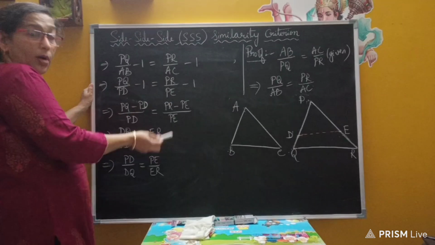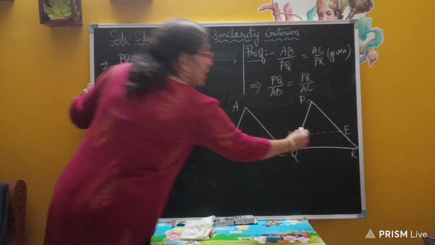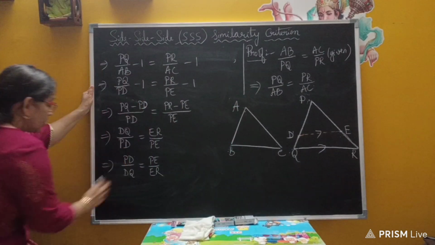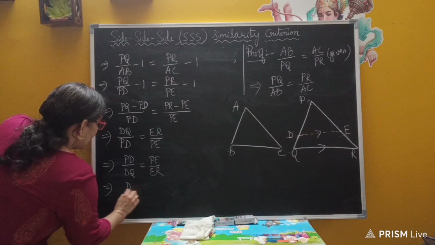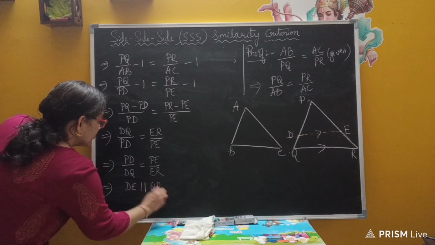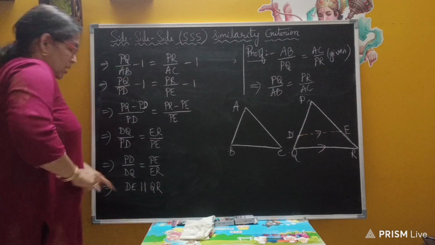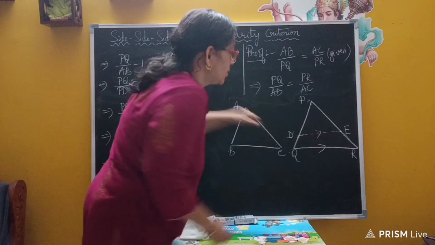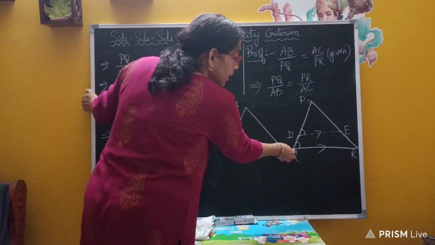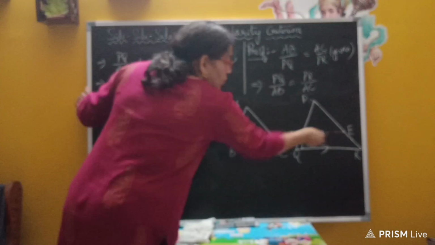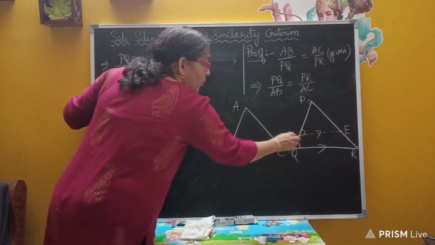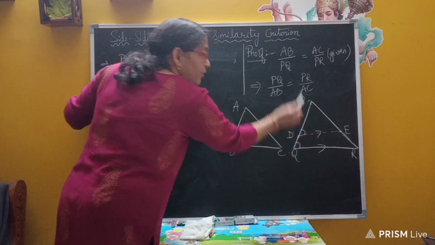The converse of Thales theorem. So what do you say now? DE is parallel to QR because the sides are in the same ratio. Now DE is parallel to QR, so what about these angles? Angle D is equal to angle Q. Why? If these two lines are parallel and PQ is considered as a transversal, what type of angles are they?